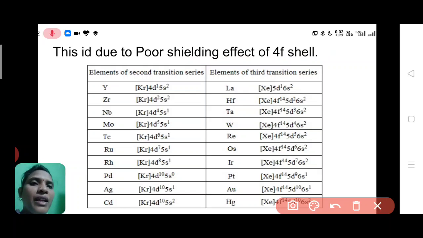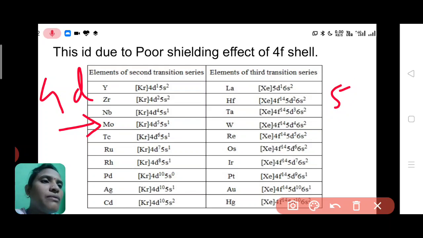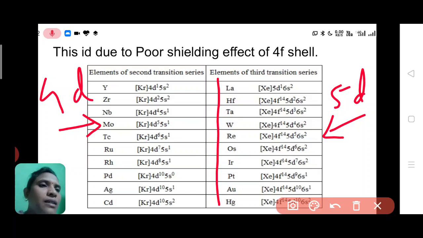Now see, this one is the 4D series and this one is the 5D series. So in this 5D series there is an entry of the 4F shell.